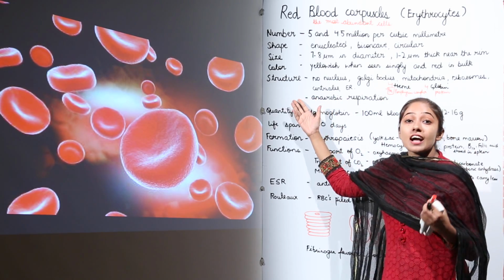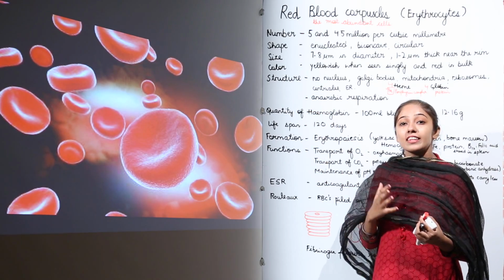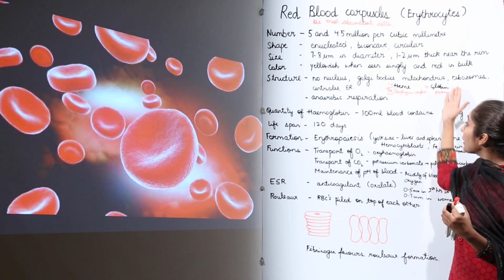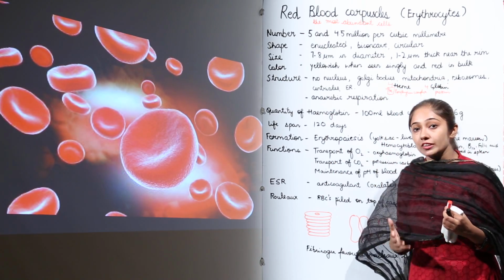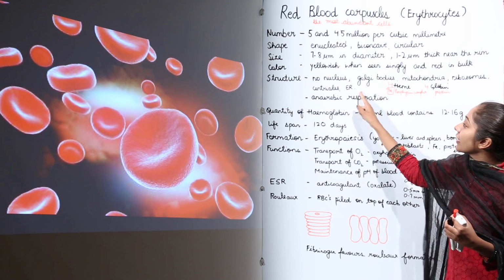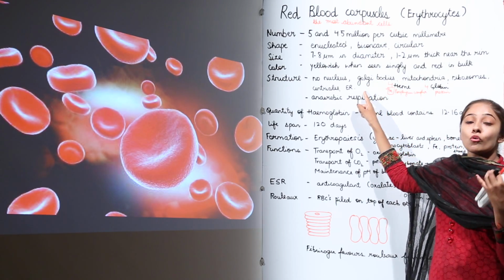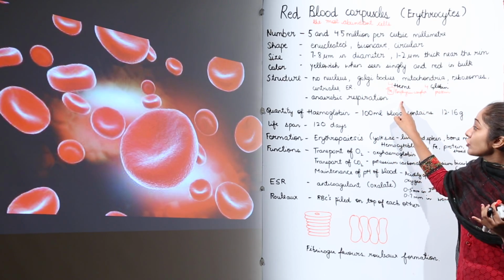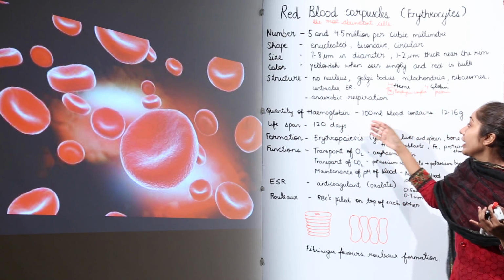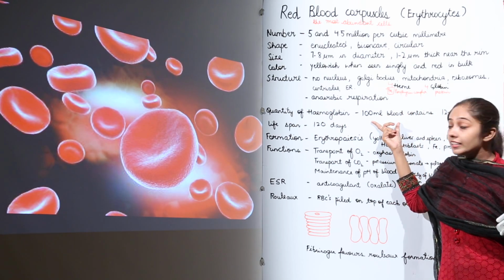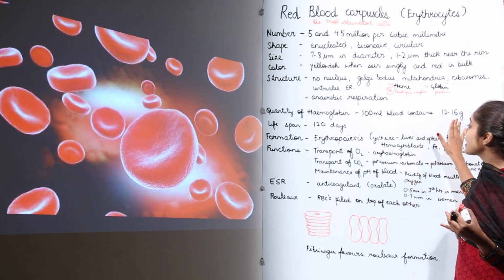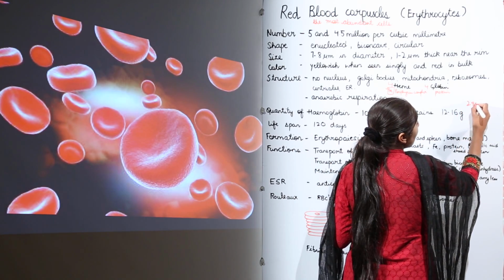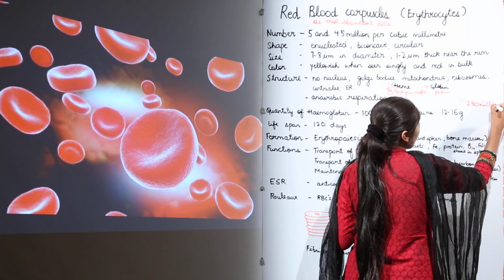Nature has designed these erythrocytes in such a way that they have more space for hemoglobin, which transports oxygen. If we talk about the quantity of hemoglobin in a healthy adult, 100 ml of blood contains 12 to 16 grams of hemoglobin. One RBC contains 280 million hemoglobin molecules.